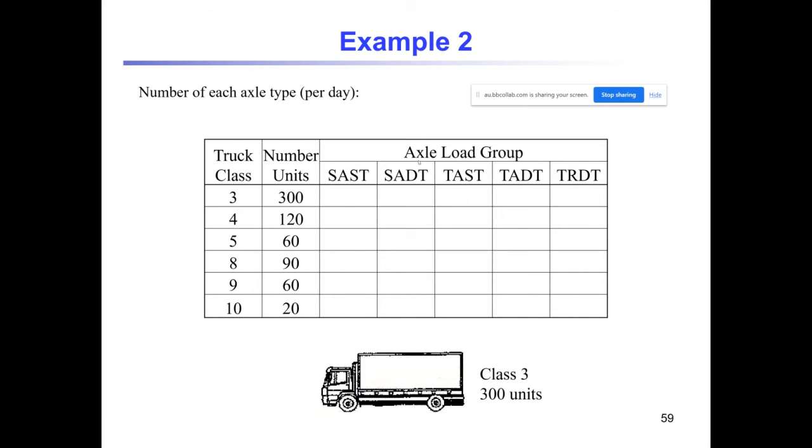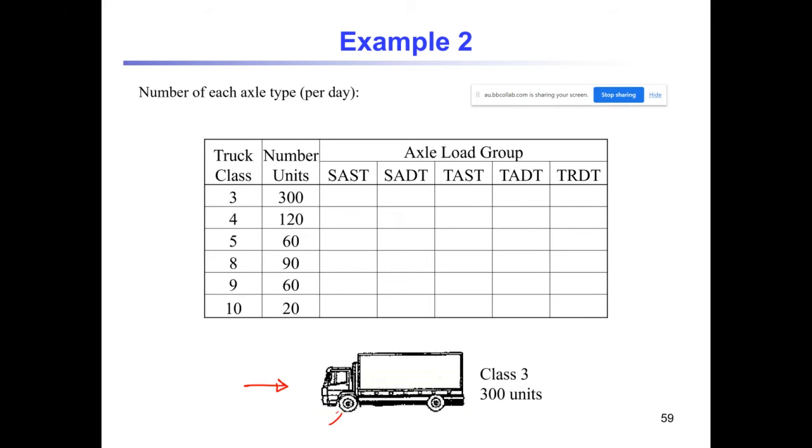Now we want to determine the number of the axles, the axle load group. And we have the survey data. So for class 3, we know we have 300 vehicles for one day.